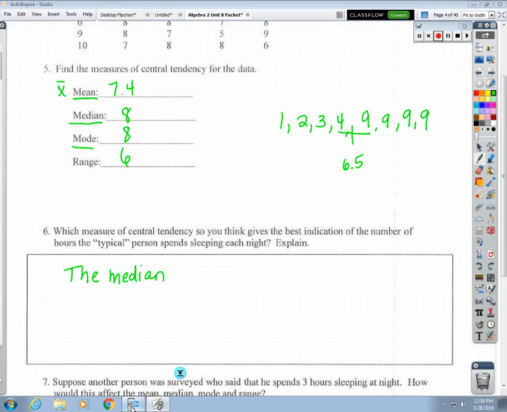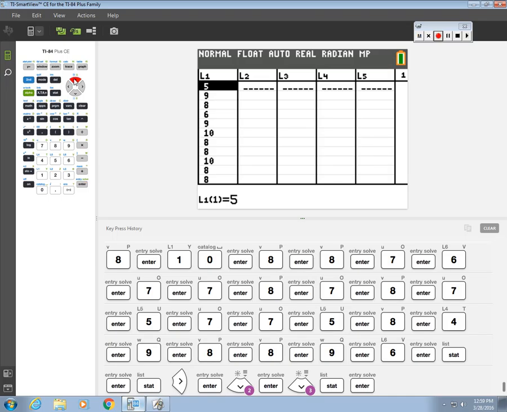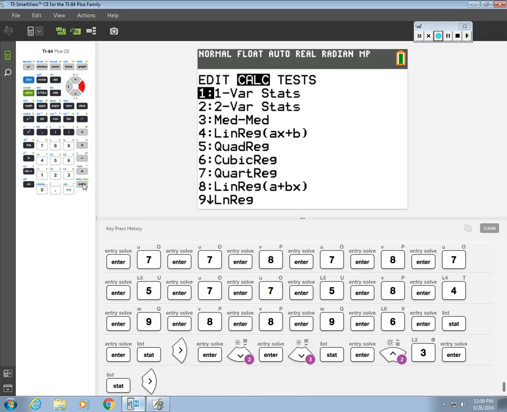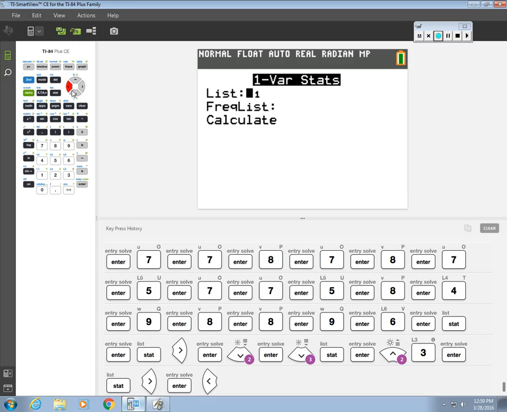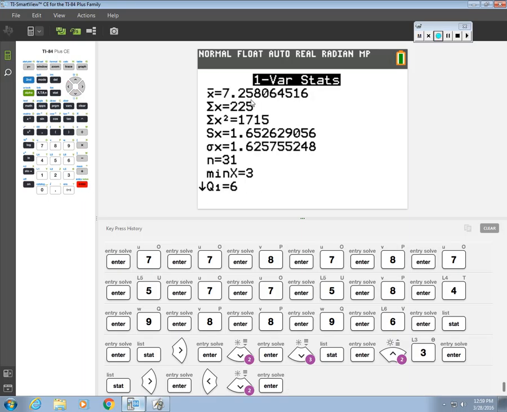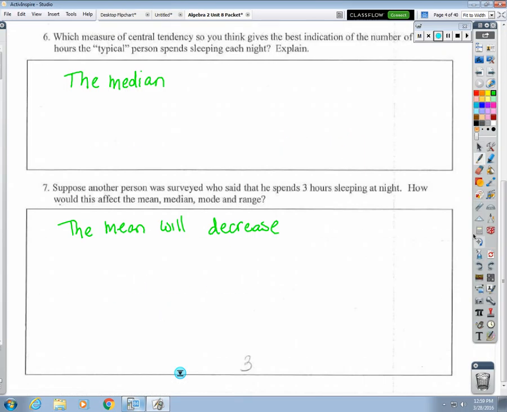If I go back into that list and I enter a 3 at the bottom, that's the 31st person. He sleeps 3 hours. And now if I go in and I calculate the mean, look at my new mean. It is 7.25. Isn't that a little bit lower than the mean was without the 3? So the mean decreases.